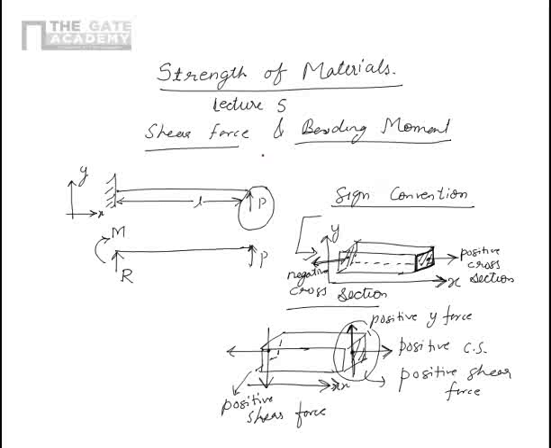So this is a positive shear force. So if I say that there is a 10 Newton force acting on A, let's say this point is called A, it should be immediately clear to people that the direction of force, when seen in a geometric sense, like this diagram, is this.